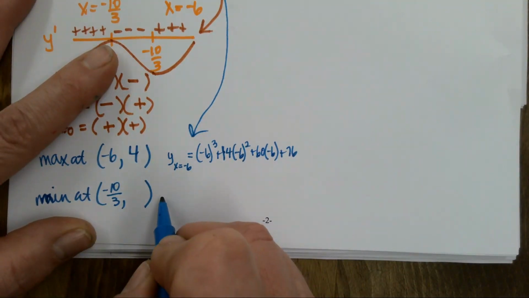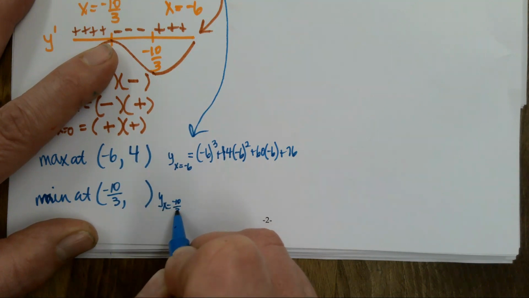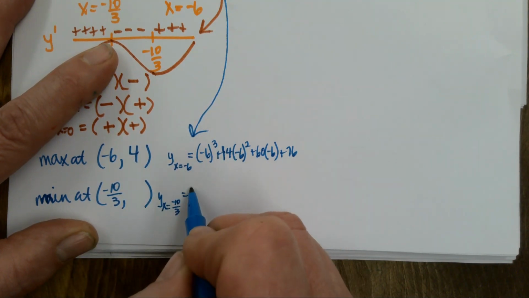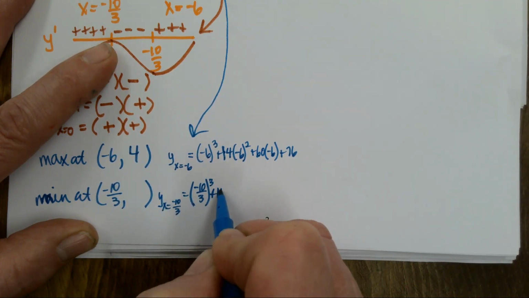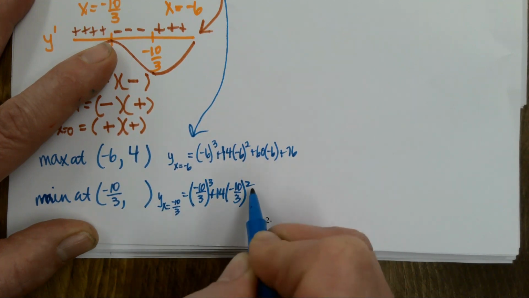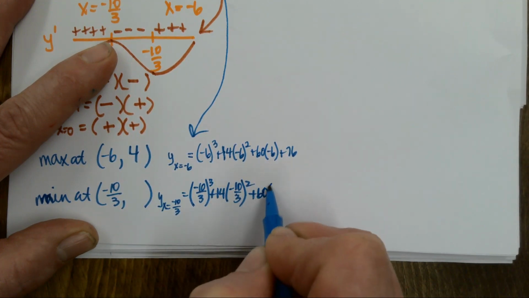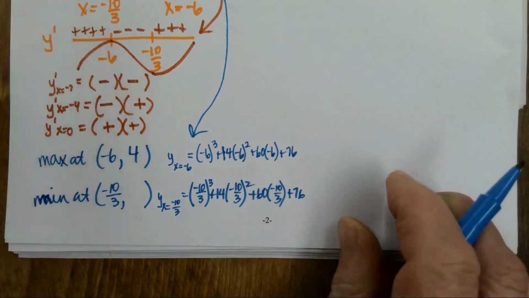And now I'm going to do the other one, y when x is -10/3, and go through the same process. Again, in my original, -10/3 cubed plus 14 times -10/3 squared plus 60 times -10/3 plus 76.